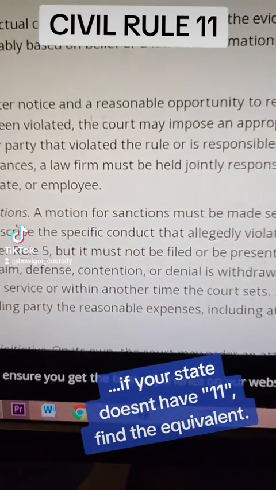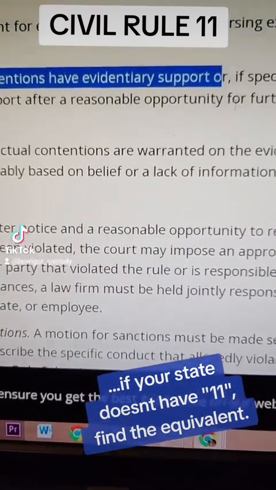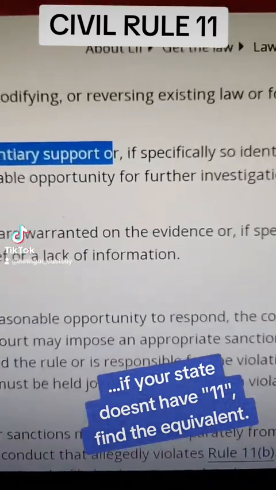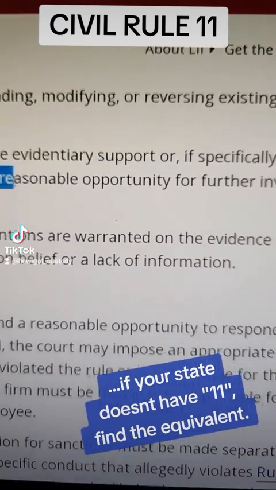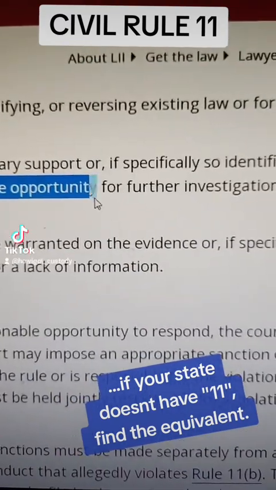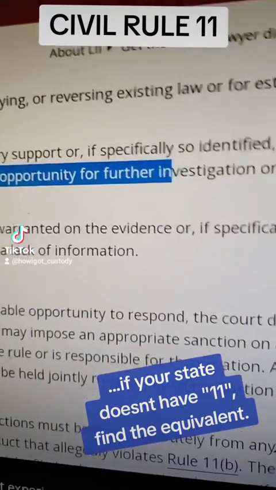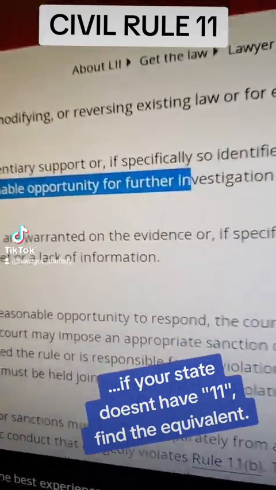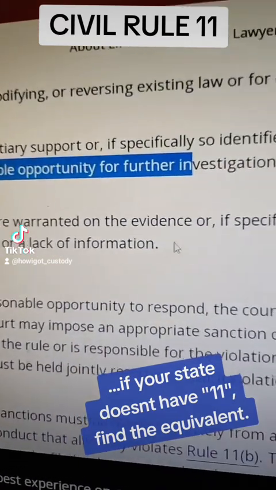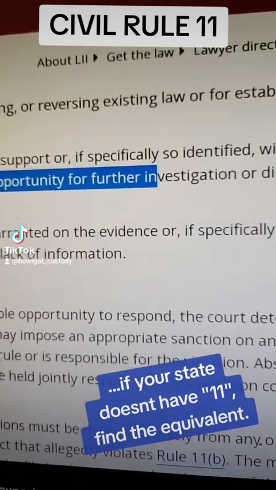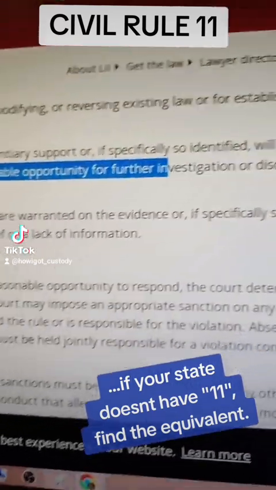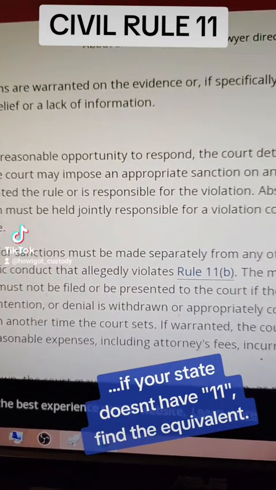Then the person who wrote it and signed it must have had a reasonable opportunity for further investigation, or will have evidentiary support after further investigation. And the denials are warranted on the evidence.